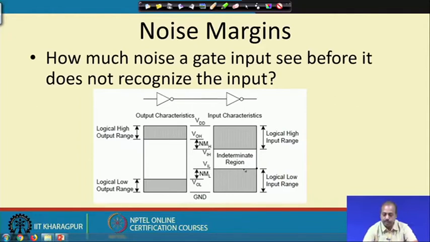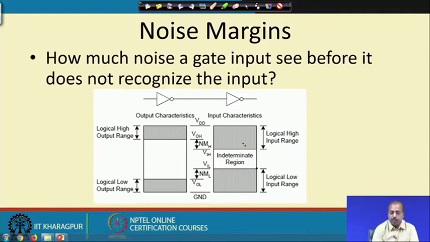Any signal whose value is between 0 and VIL is taken as low by the second gate, and anything between VIH and VDD is taken as logic high by the second gate. Now, what is the condition on the first gate?